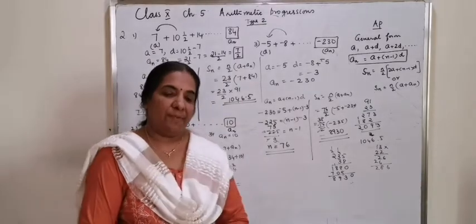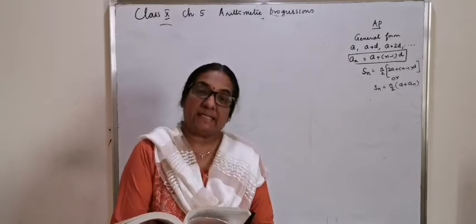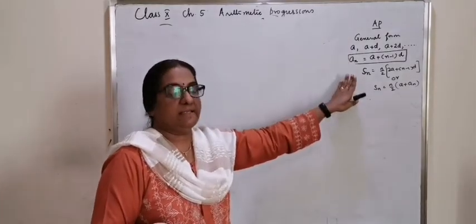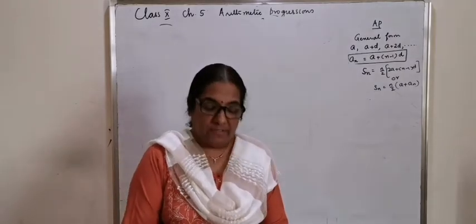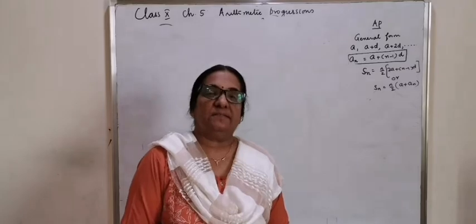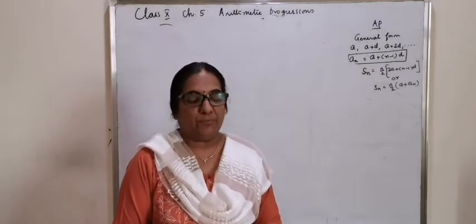This is a 3-mark question. Question number 3 has 10 subdivisions. Both the formulas, that means An and Sn formulas, will be involved in this particular set of questions. The main idea is to get the value of A and D. That is what is to be found out in an arithmetic progression.